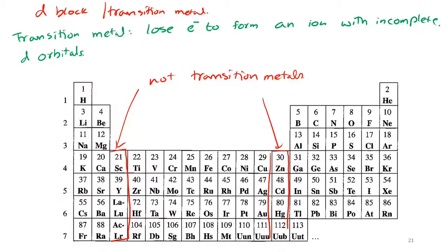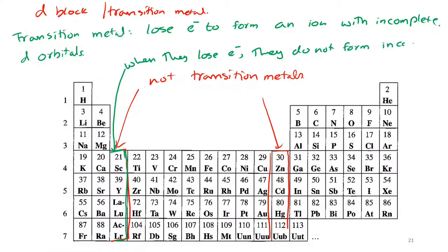All right. So what that means is that the elements in this first column of the D block, when they lose electrons, they do not form incomplete d orbitals.